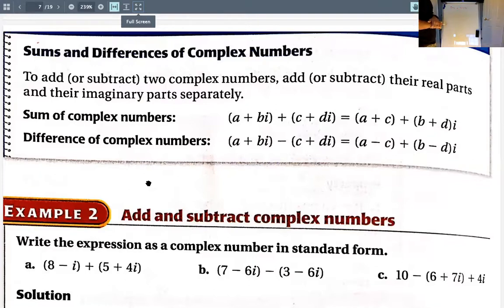Be careful, you have to distribute your minus. When there's a minus in front of a group, you have to distribute it to the group. Another 10, 15 seconds here.